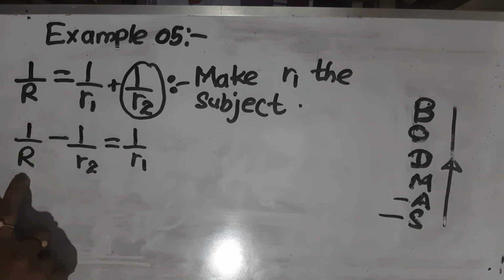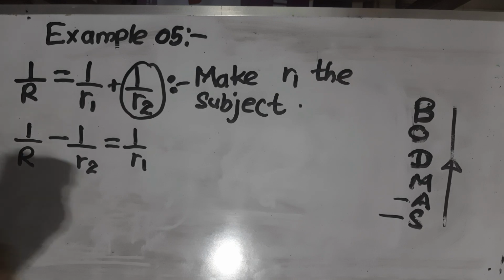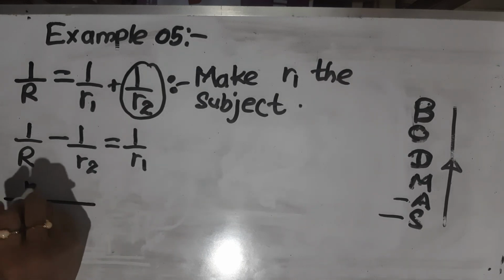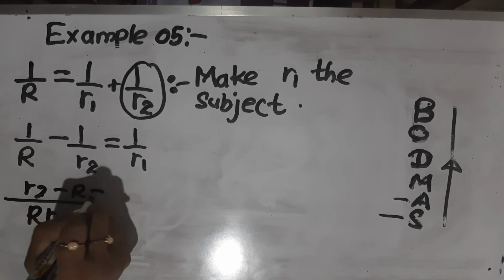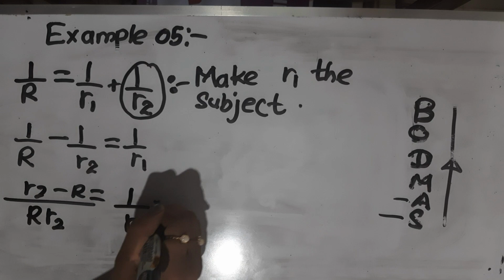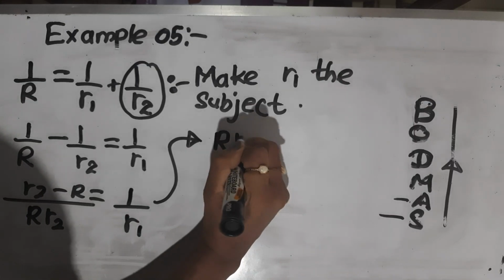Here the denominator is R, here the denominator is R2. So the common denominator will be R times R2. Then the numerator will be R2 minus R equals 1 over R1. Now we can take the reciprocal of both sides.